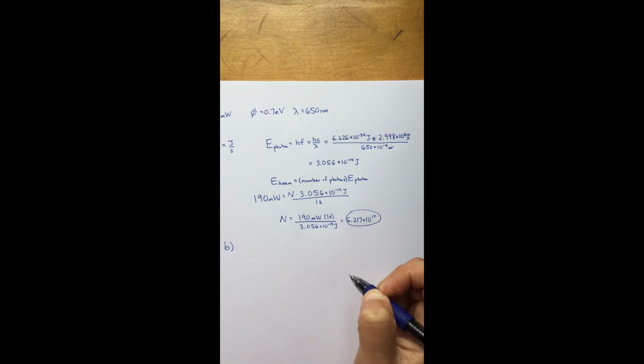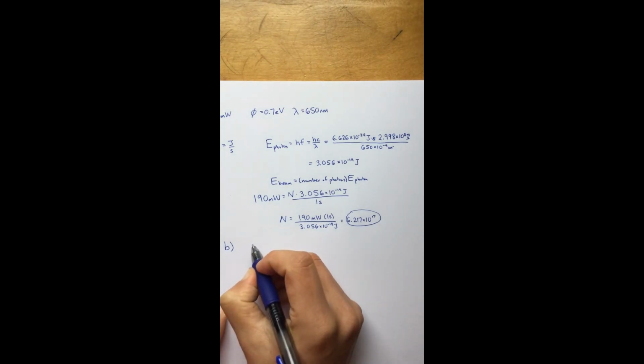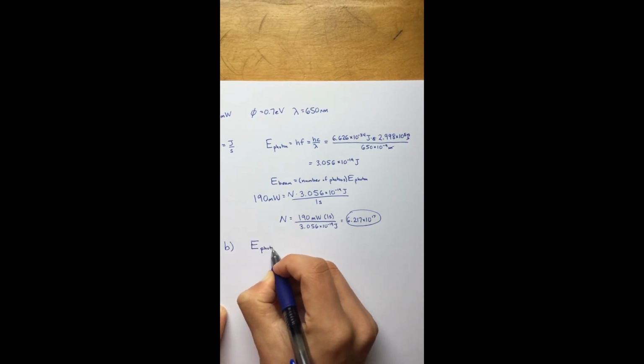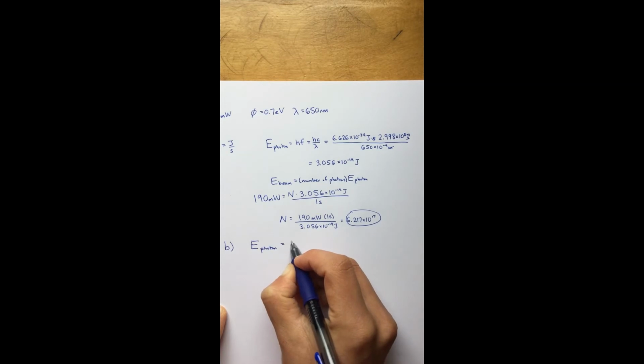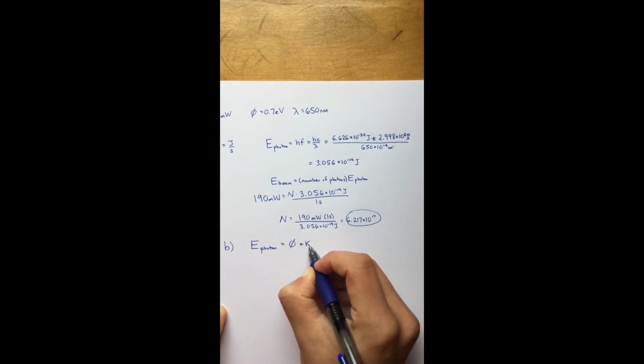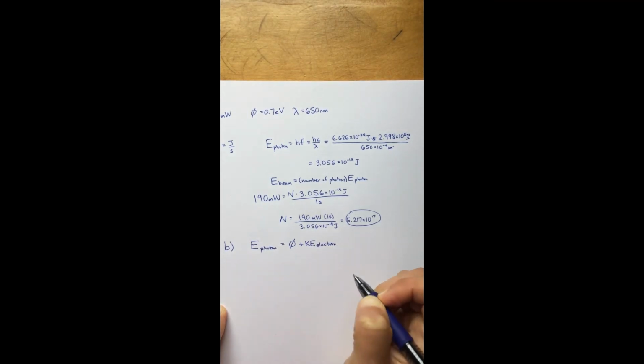In part B, we want to know what is the maximum kinetic energy of the ejected electrons. Well, now I'm back in familiar territory again and can use my equation for the photoelectric effect, which says that energy of the photon is equal to the work function plus the kinetic energy of the electron.